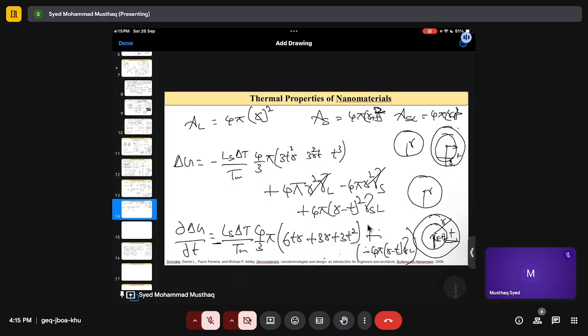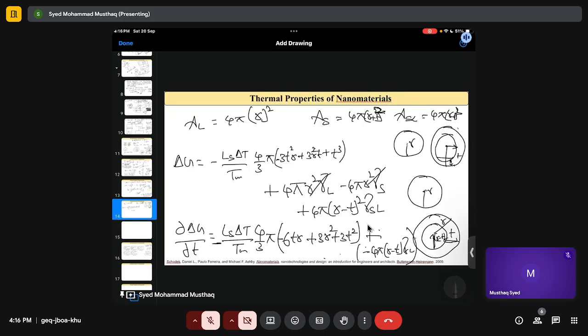Because I already have minus, so minus times minus will become plus. This will become 3R square T will become plus. This will also become plus, but this guy will be minus. So I have 6, 3R, 3R square. Now it looks nice.